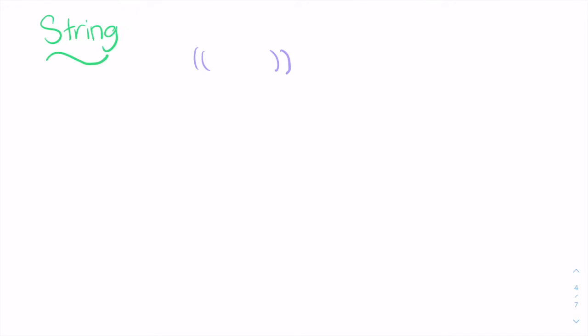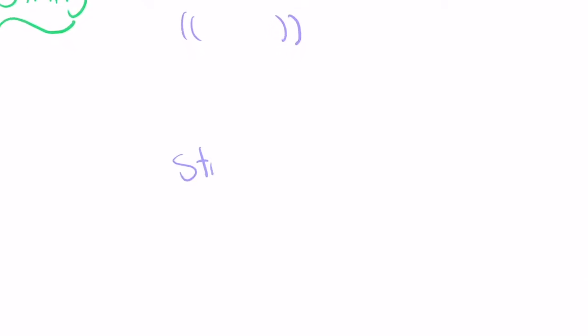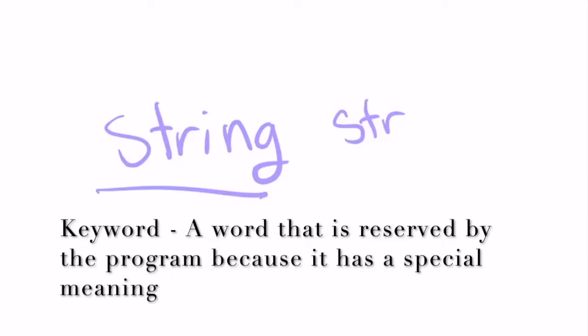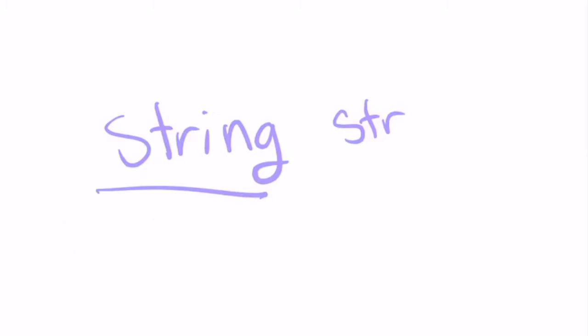In C++, in order to define a string, we write string, again telling memory that we need to allocate some new space, and then the variable name, let's say str, which kind of stands for string, but we can't use string as the name since it's what we use to define that we're making a string. So we have to use a different name, or we can't name this int either, because that's already a keyword, which is something that when C++ sees it, it immediately interprets it as something that's already built into the code.